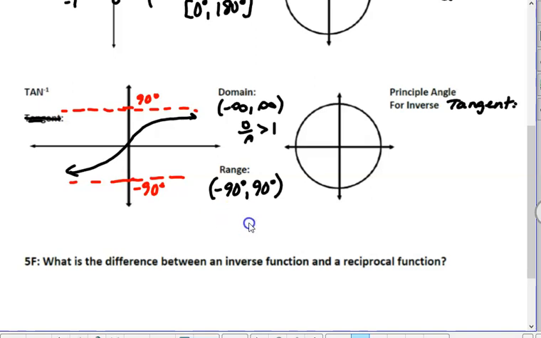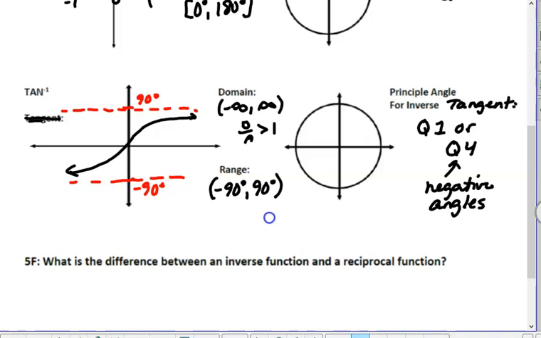So the principal angle for inverse tangent is also in quadrant 1 or quadrant 4, and once again in quadrant 4 we'd be using a negative angle, because we're looking for the angles that are closest to 0 when we do principal angles.